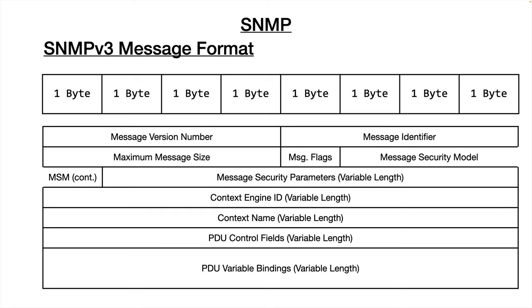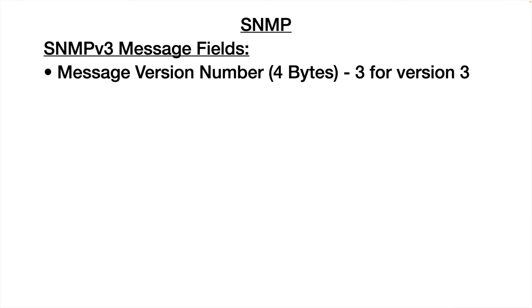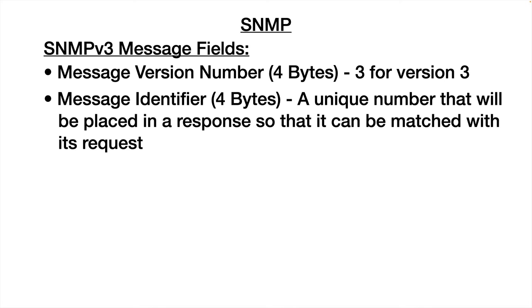Going through them one by one in order they appear. We first have the message version, which is 4 bytes, and the current version for 20 plus years has been version 3. So this is going to be a 3 for quote modern implementations of SNMP.